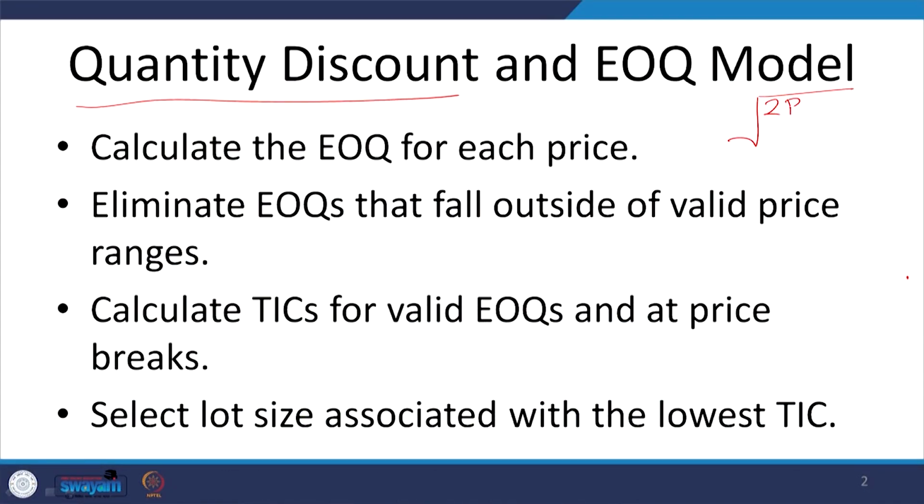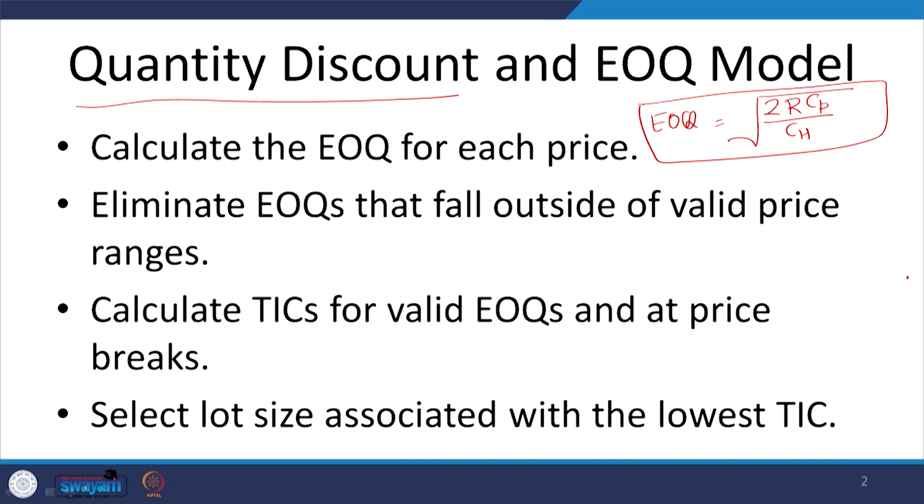In our basic EOQ model, we have already discussed that the formula was under root 2RCP upon CH. This is the formula of economic order quantity. Now, in this formula, you are considering two cost parameters.